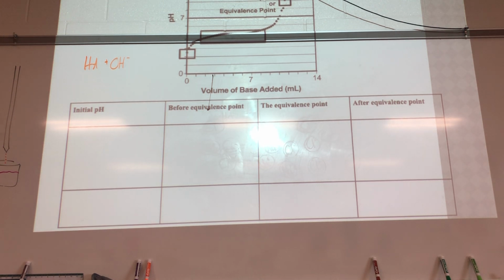So acid's down here, so we're still dropping the base. Yeah, so just HA, and then would you break that apart as well? You tell me. That's a very good question, Riley. I'm glad you're thinking about it. Now you just gotta figure out what happens.